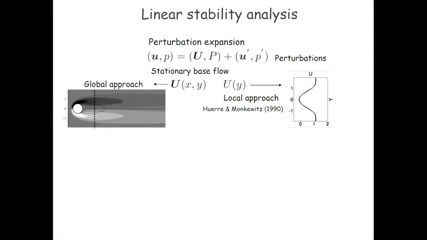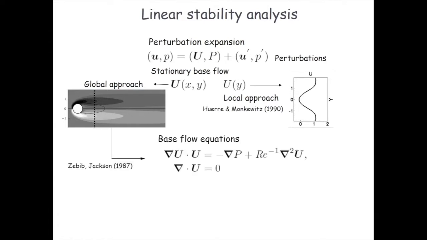So that would be sometimes called the global approach. Or, since the flow is predominantly dominated by streamwise components of velocity, you could also consider a weakly spatially varying flow, which is mostly streamwise oriented, and then you would go for a local approach, which is to consider the wake profile U of y at different locations. So this is not the way we're going to go today. Today we go for the global approach.